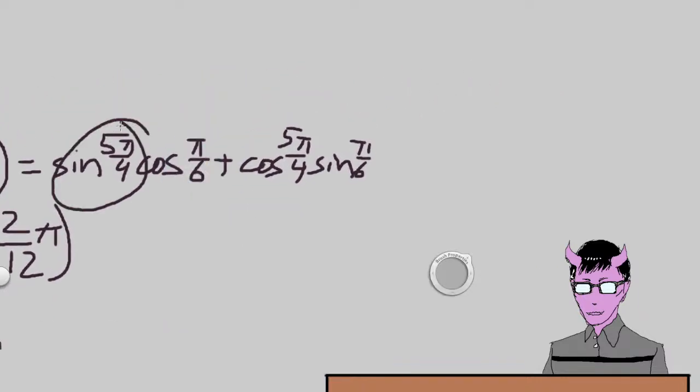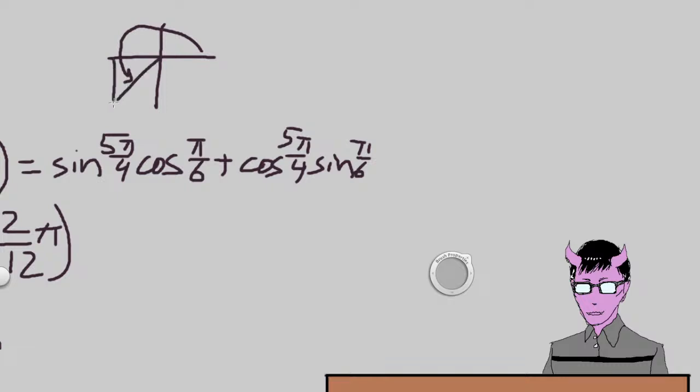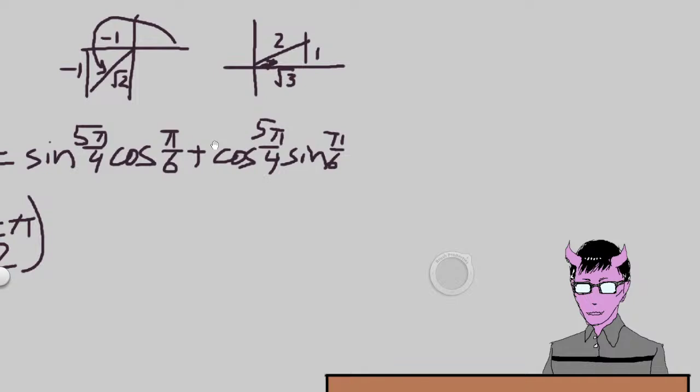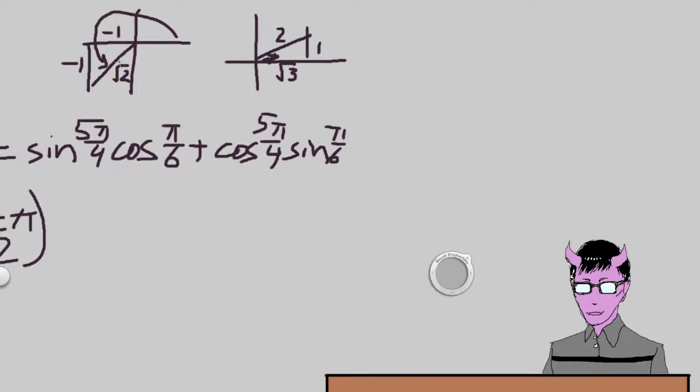And this one, where is that one for reference? 5 is greater than 4, so we are past the halfway point by this much. So that's a -1, -1, root 2 ratio. This one, standard quadrant 1, slim angle, opens up to 1 to 2 to root 3. Alright, reference triangles have been sketched. Let us get the evaluation.